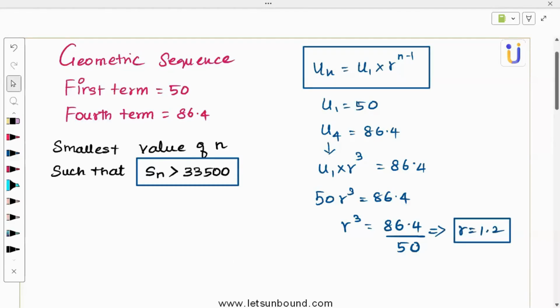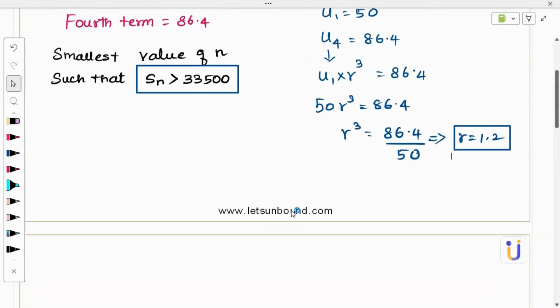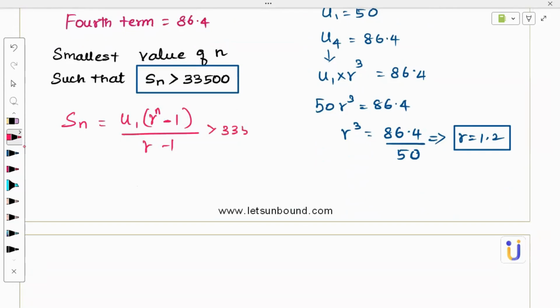Fine. Then the smallest value of n, where Sn is greater than 33,500. So what is the Sn formula? Sn formula is u1 into whole bracket r power n minus 1 divided by r minus 1. So this thing is greater than 33,500. And we need to solve this, simplify this inequality.